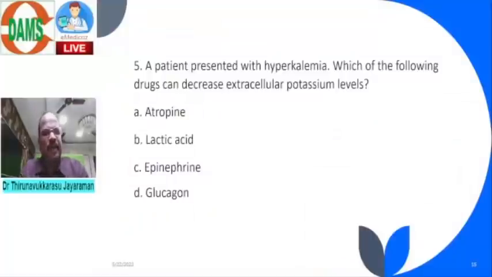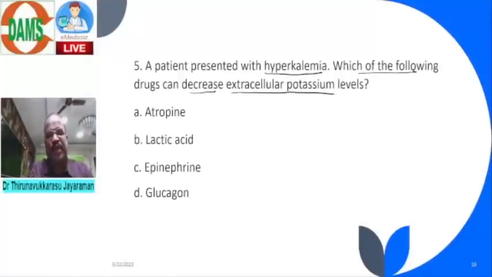Then a patient presents with hyperkalemia. Which of the following drugs can decrease extracellular potassium level? Options given are atropine, lactic acid, epinephrine, glucagon. This is where the confusion is.